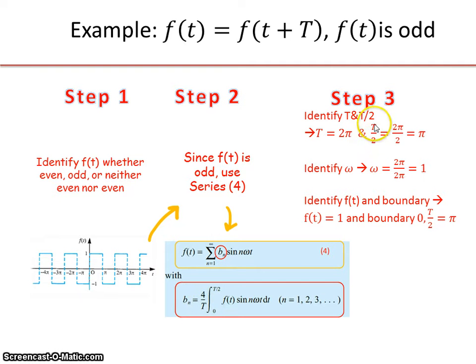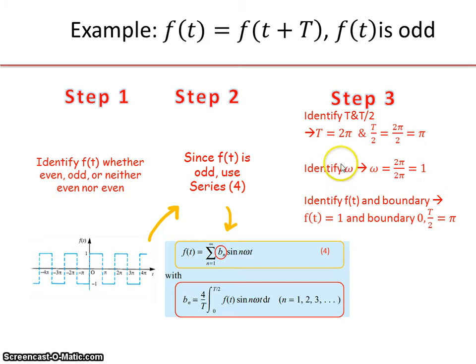Meanwhile, the T over 2 here is used when we want to define the boundary here. Once we know that T equals 2 pi from this equation, then T over 2 equals pi.